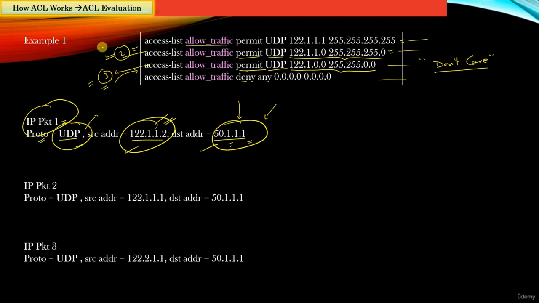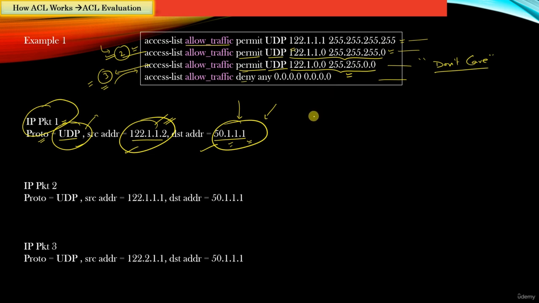We will say that ACL rule number 2 has permitted the packet, because ACL rule number 2 is more specific as compared to ACL rule number 3. You can see that the subnet mask value in ACL rule number 2 is more specific as compared to the subnet mask of the source address specified in ACL rule number 3.